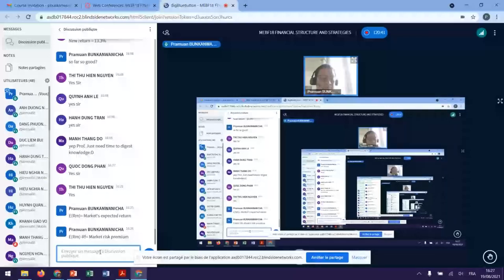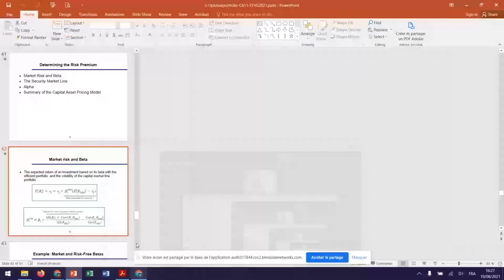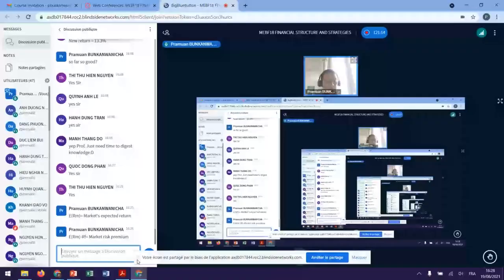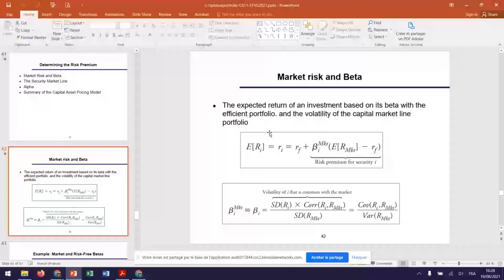If I take the market risk premium multiplied by the beta, you get the risk premium for security I. If you add the risk-free rate, you get the expected return of stock I. This one we call the CAPM, the capital asset pricing model. This is the first formula you use all the time; you can highlight it.